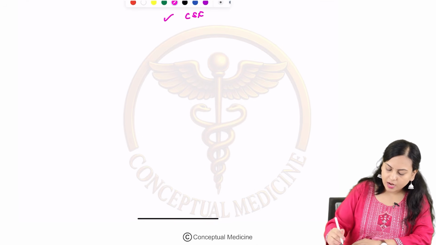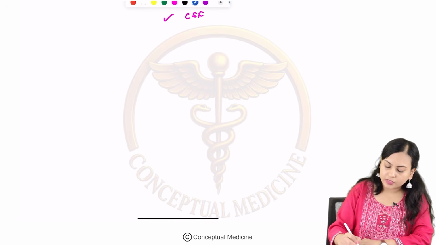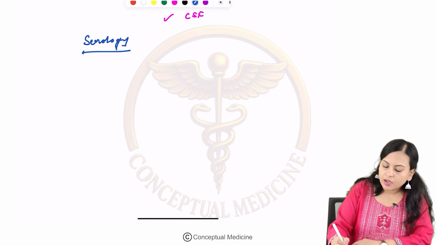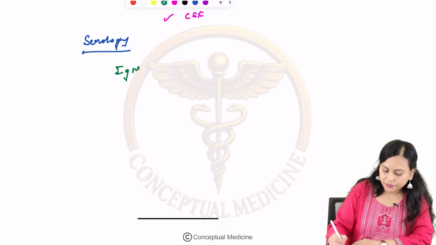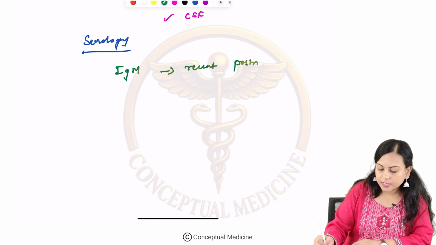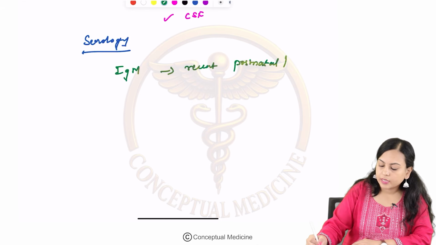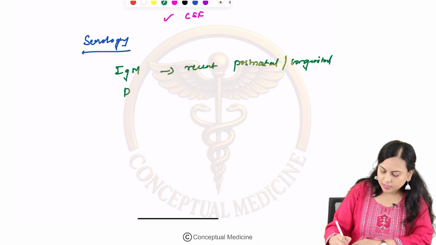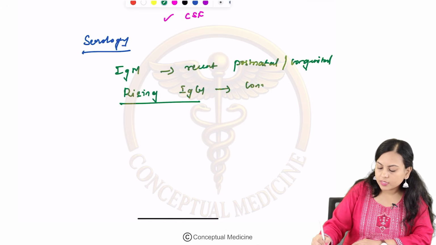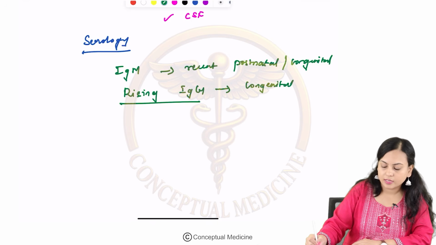And when you come to serology, IgM denotes a recent postnatal or even a congenital infection, and definitely if there are rising IgG levels, it denotes a congenital infection.